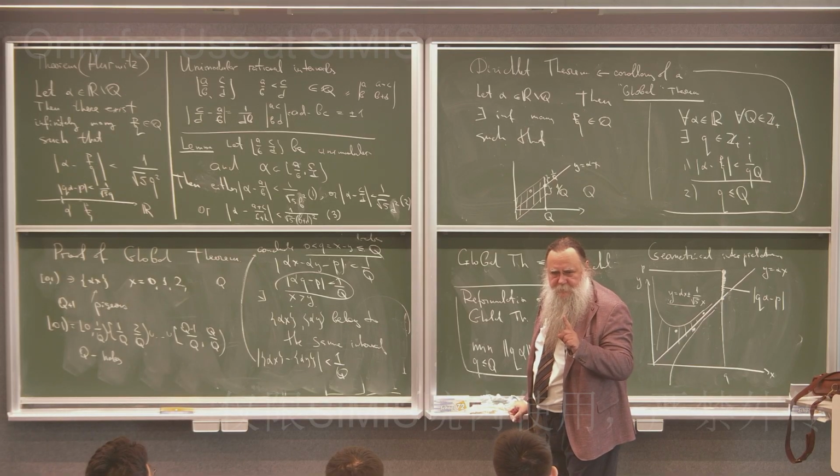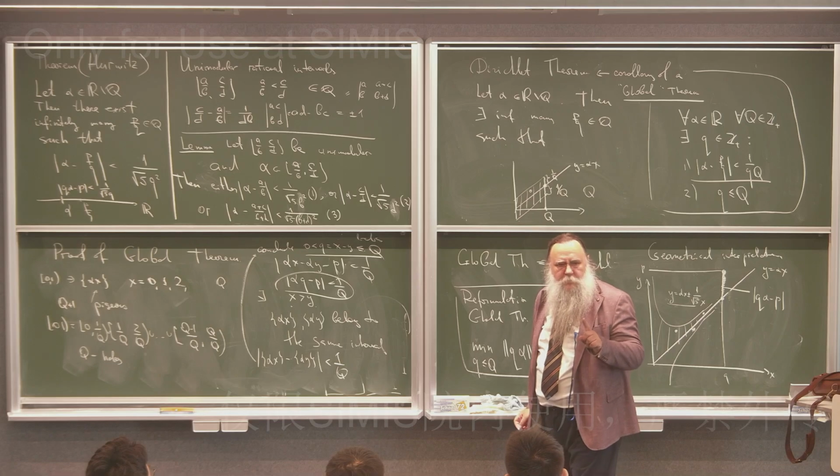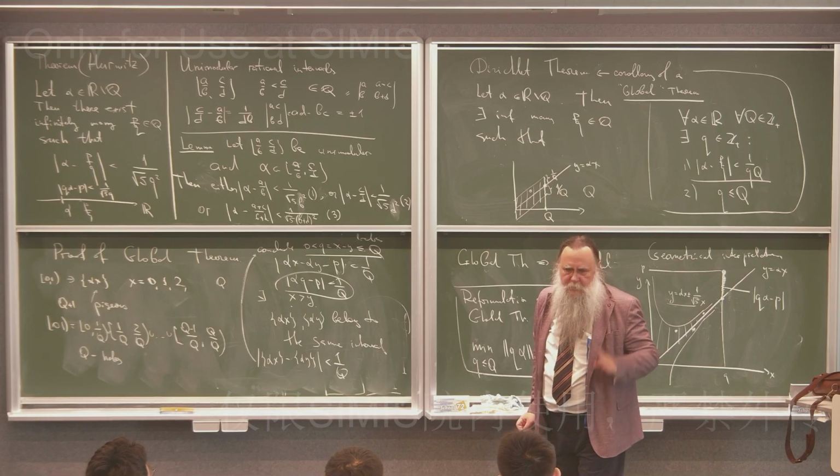This is the difference. Global means that you can take any Q and you will catch an integer point.